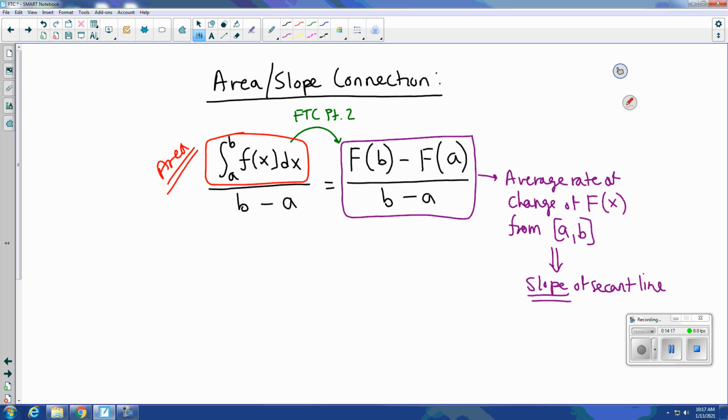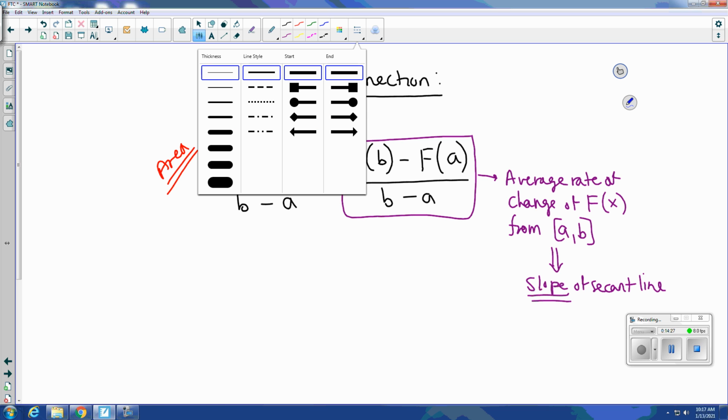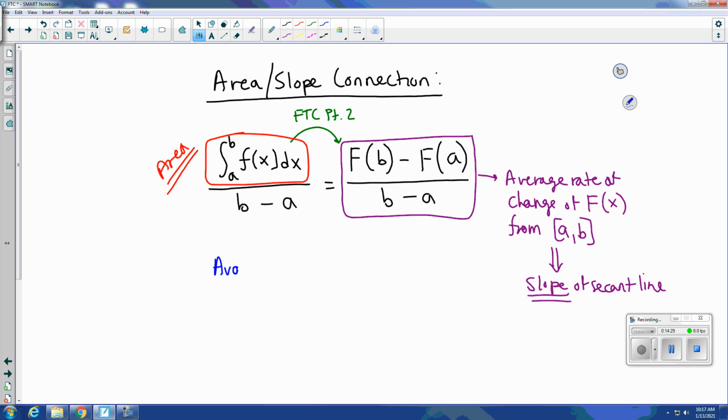So what we can understand from this relationship is that the average value of a function is equal to the average rate of change of its antiderivative. So average value, we have a formula for it, but we can also interpret it as equal to the average rate of change for its antiderivative.